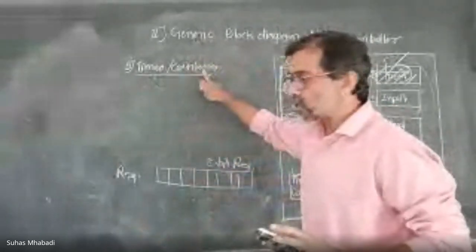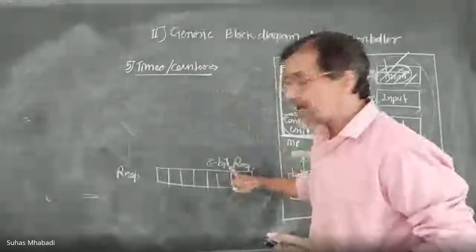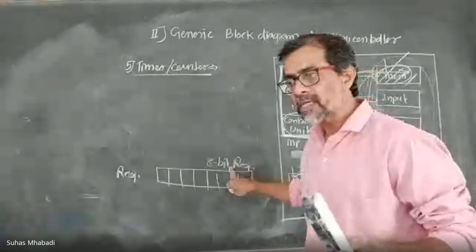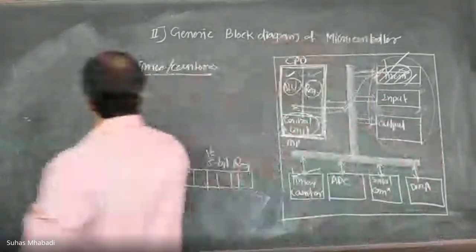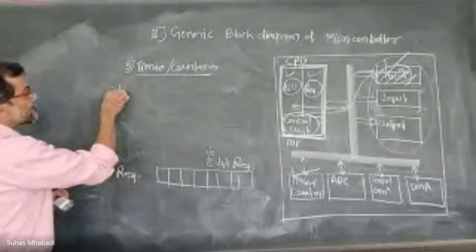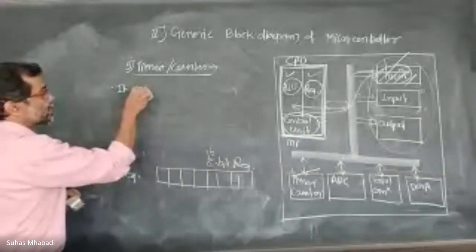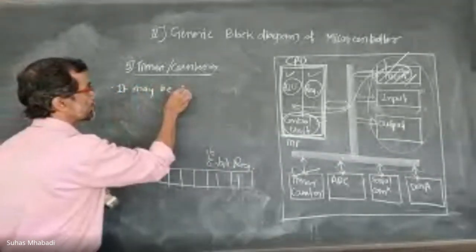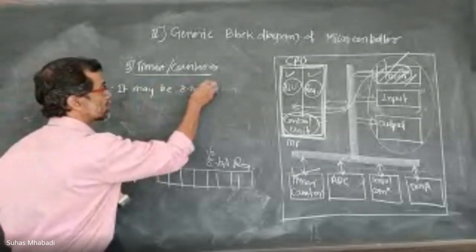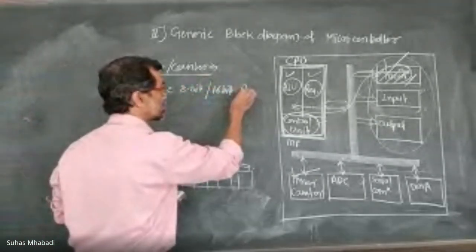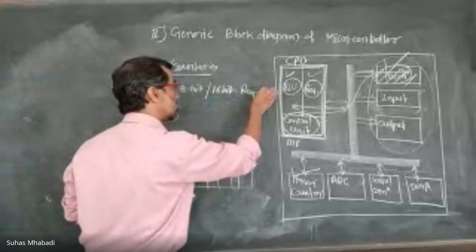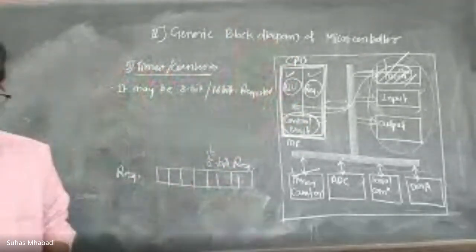First of all, focus on this one. So timer or counter is what? An 8-bit register, or in some cases, it may be a 16-bit register. So the first line is, it may be an 8-bit or 16-bit register.